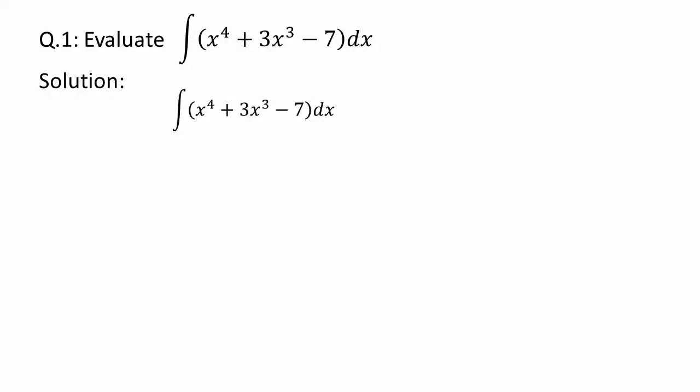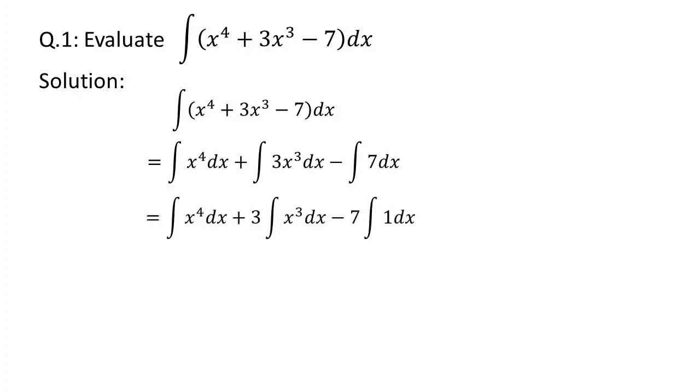Now look at the question. Evaluate the integral of x power 4 plus 3x cube minus 7 dx. So taking separate integrals, x power 4 dx plus 3x cube dx minus 7 dx is equal to integration of x power 4 dx plus 3 integration of x cube dx minus 7 integration of 1 dx.